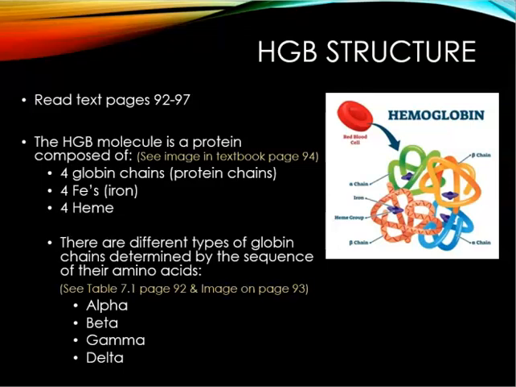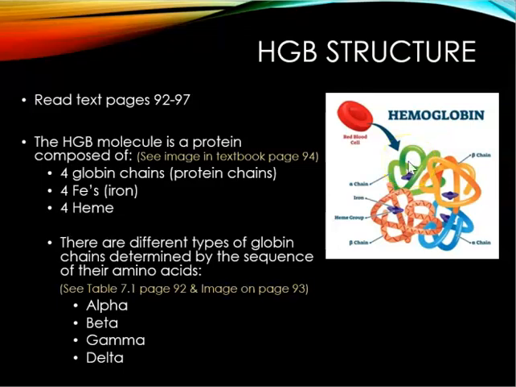So let's look again at our hemoglobin structure. We saw the same image in the previous lecture, but remember our hemoglobin is located inside of our red blood cells. So this is our hemoglobin structure. Within our hemoglobin structure, we have our iron. We also have our heme group. Remember, our heme comes from our precursor molecule of porphyrins.